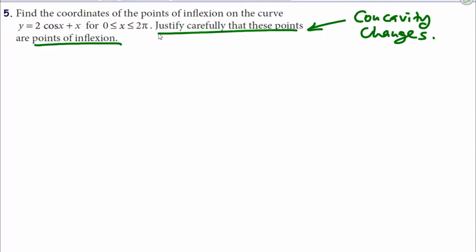Anyway, step one here will be to find the first and the second derivative.